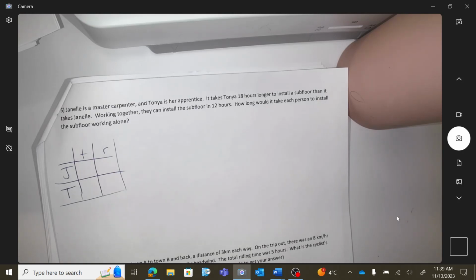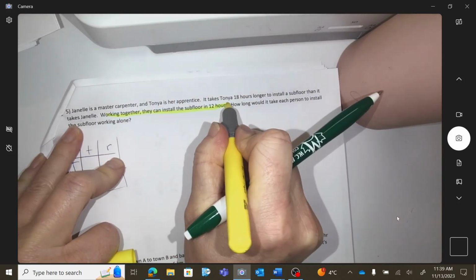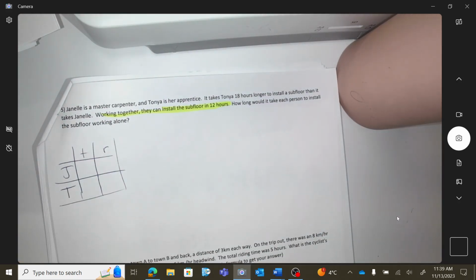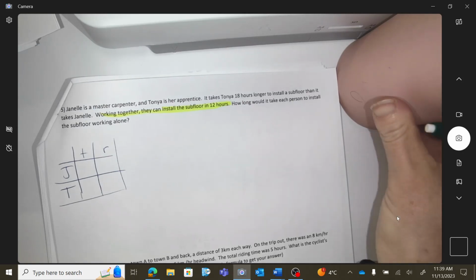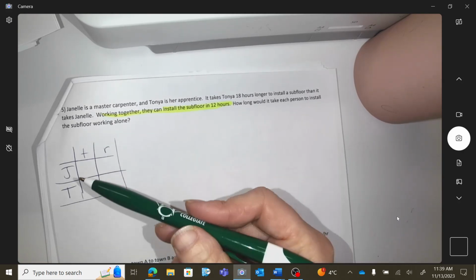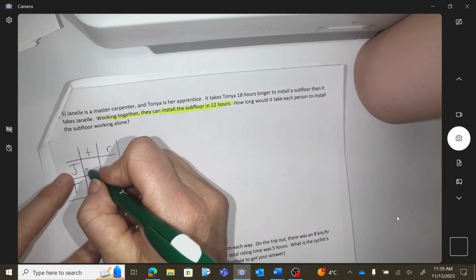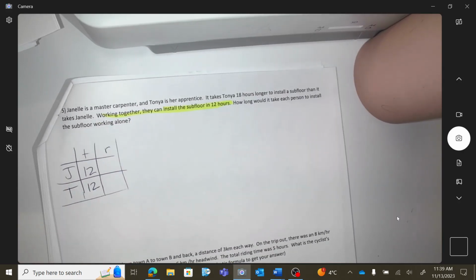Okay, I'm going to read this sentence to you first. Working together, they can do this flooring job. They're trying to put flooring down. They can do it together in 12 hours. Where would you put 12 in the mix of all of this? When they work together, they can do the job in 12 hours. That is the time that they're working.